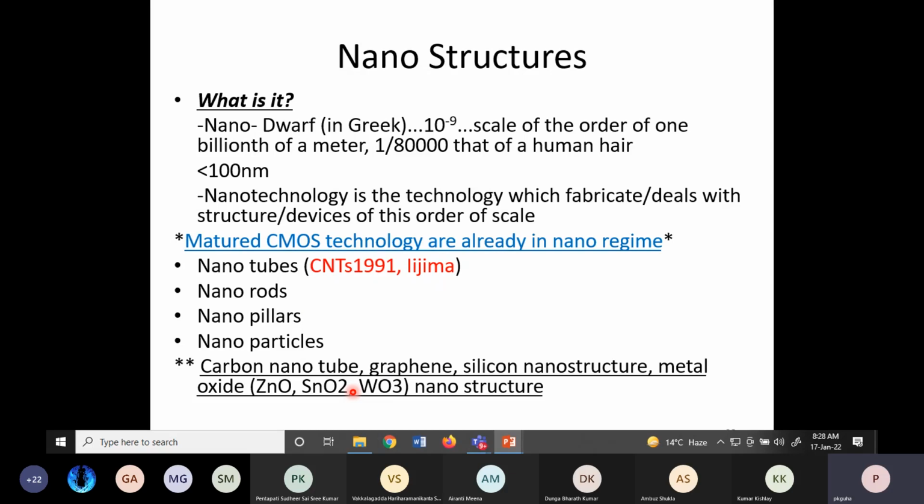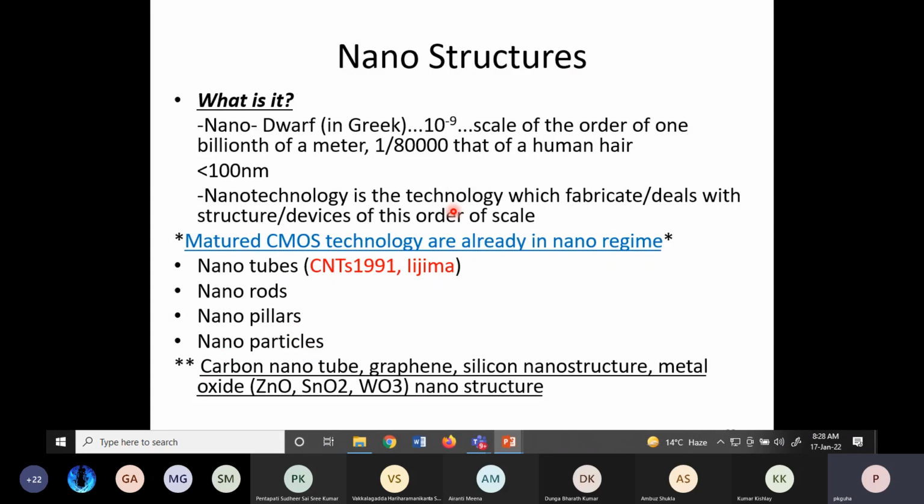Now these nanomaterials can be used to develop various structures, for example nanotubes, nanorods, nanopillars, nanoparticles. What are those? I will show you some pictures in a minute. But what is nano? Nano is 10 to the power minus 9 meter.